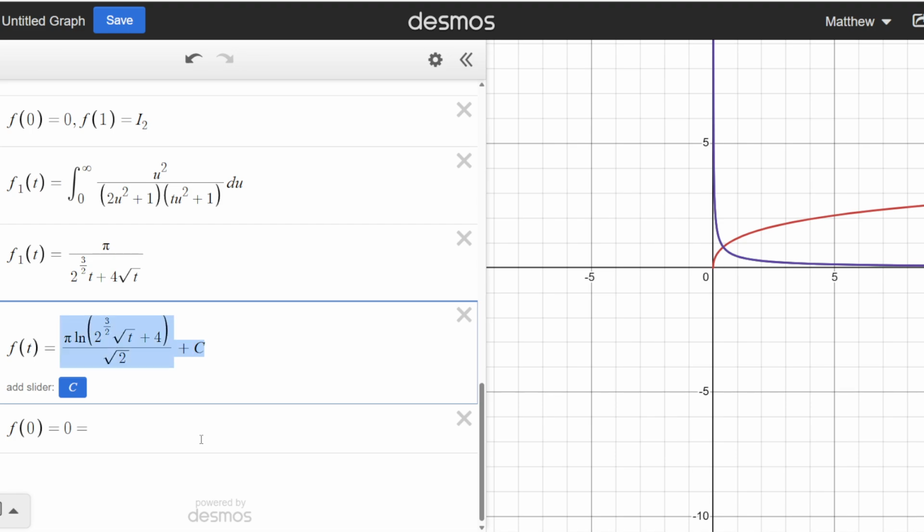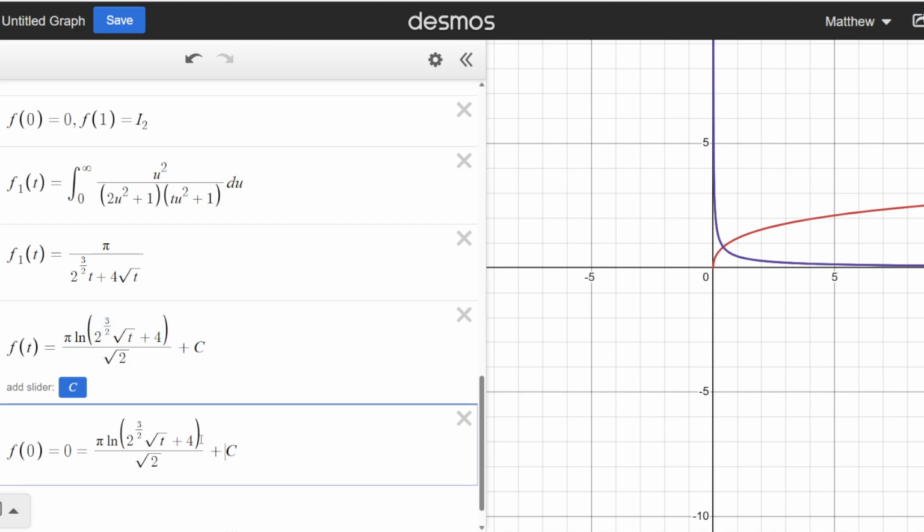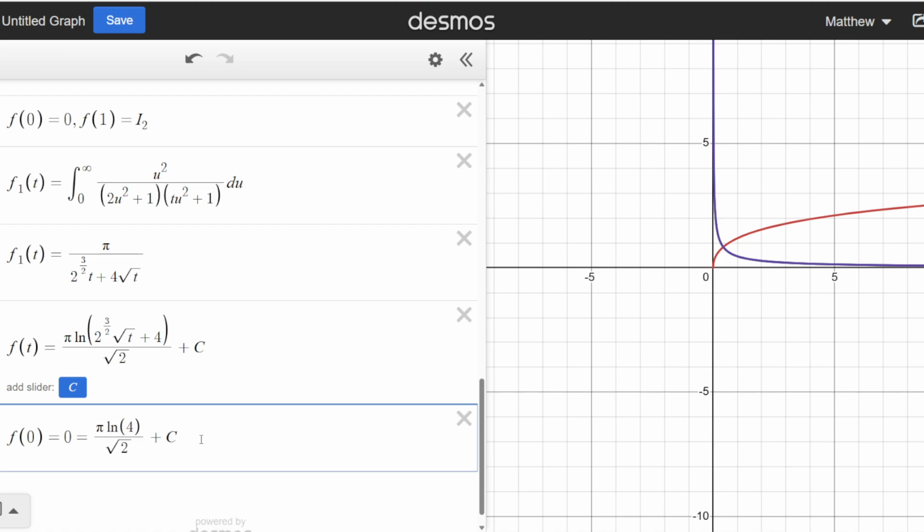Well, that's going to be equal to this thing when t is 0. So that whole expression is going to go away. This is 2 squared. We can bring out the 2. Say this is just natural log 2. Solving that equation gives us c is equal to negative 2 pi natural log 2 over square root of 2.